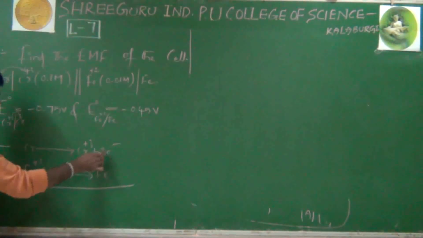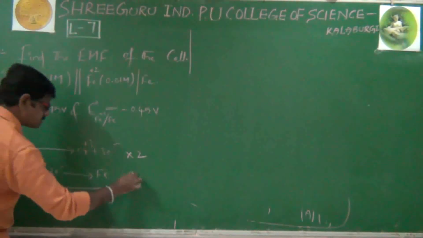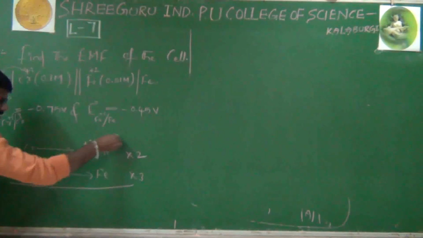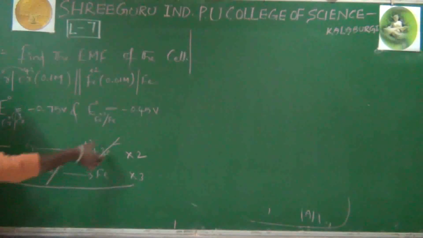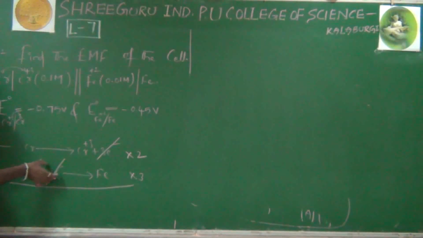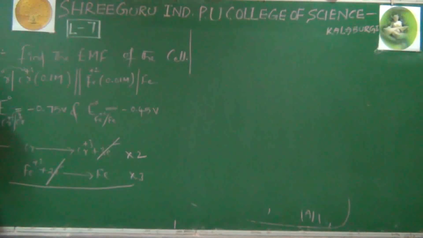That's why first equation I am just multiplying with 2 and the second equation I am just multiplying with 3. That's all. That's why 2 3s are 6 electrons and 3 2s are 6 electrons. Here these 6 electrons are at the product side and here these 6 electrons are at the reactant side. That's why both are cancelled to each other.